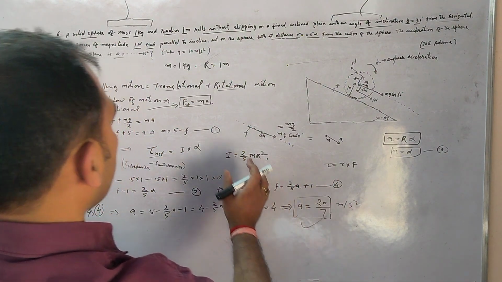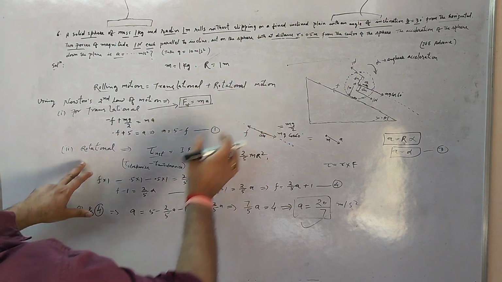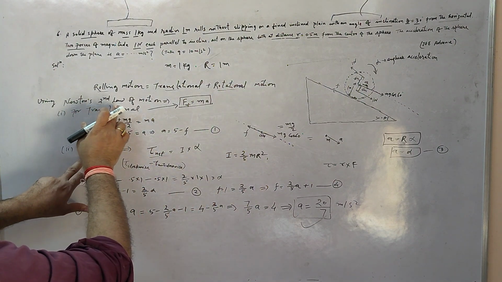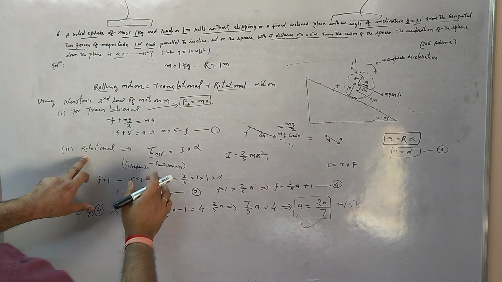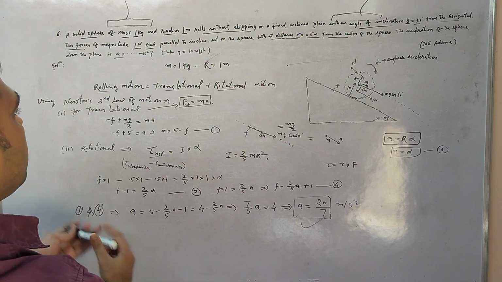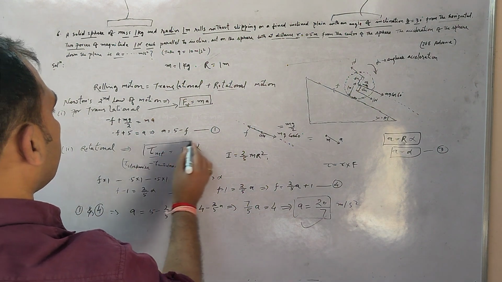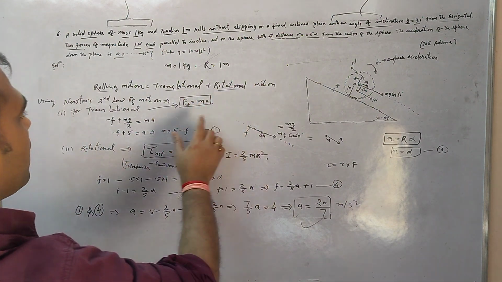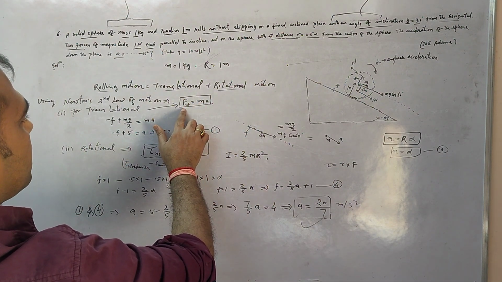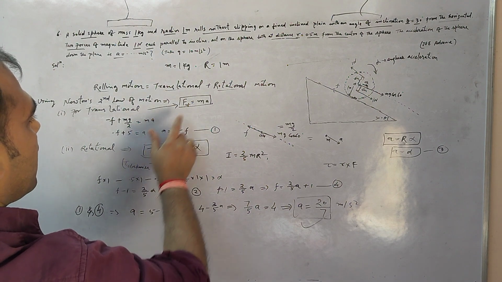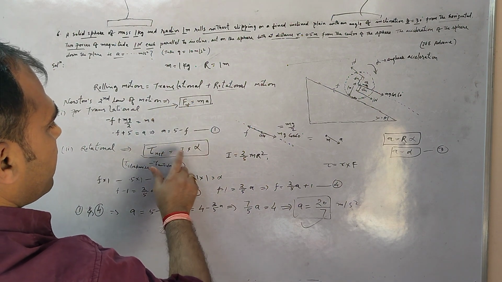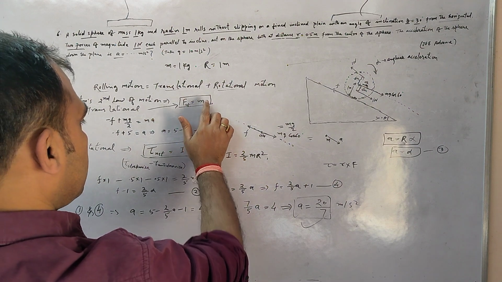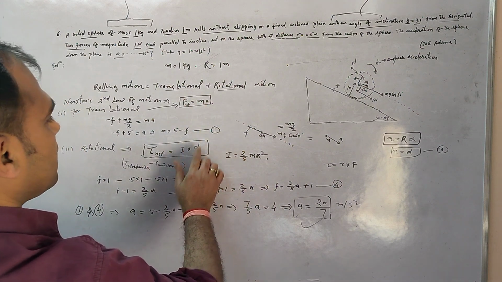Now rotational motion, using Newton's second law of motion again. Torque net. In rotational motion, force is replaced with torque and mass is replaced with moment of inertia. Acceleration becomes angular acceleration.